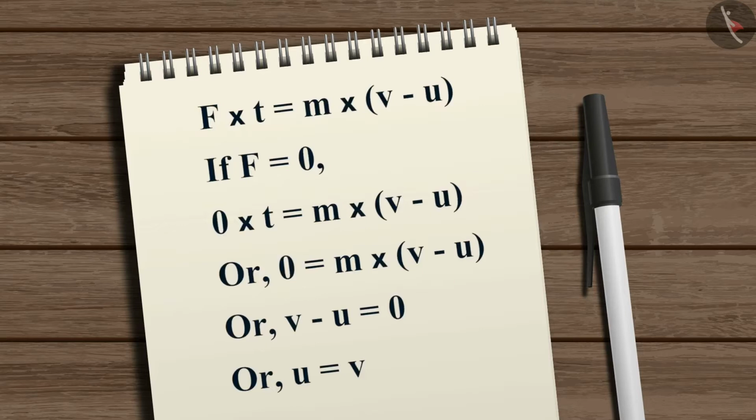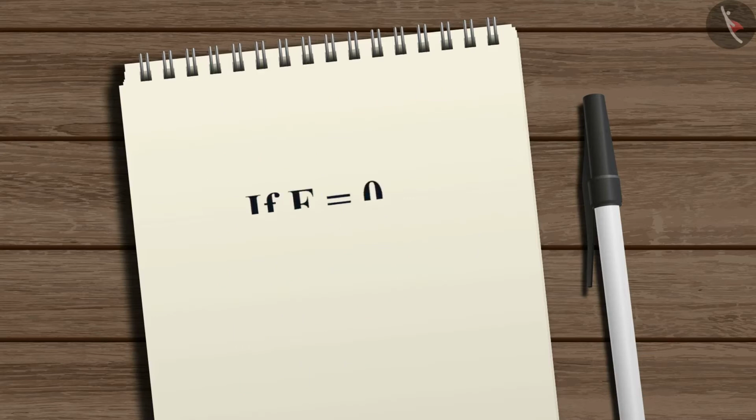From this equation, we may observe that when F is equal to 0, initial velocity u is equal to the final velocity v. That is, if no unbalanced force is applied, then the object will continue to move with uniform velocity u.